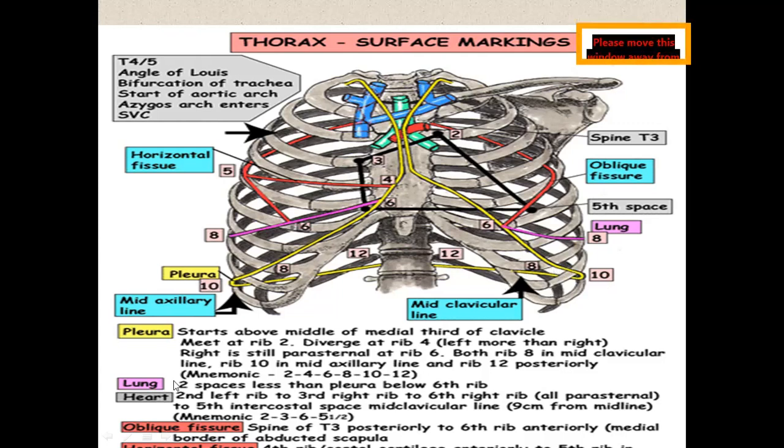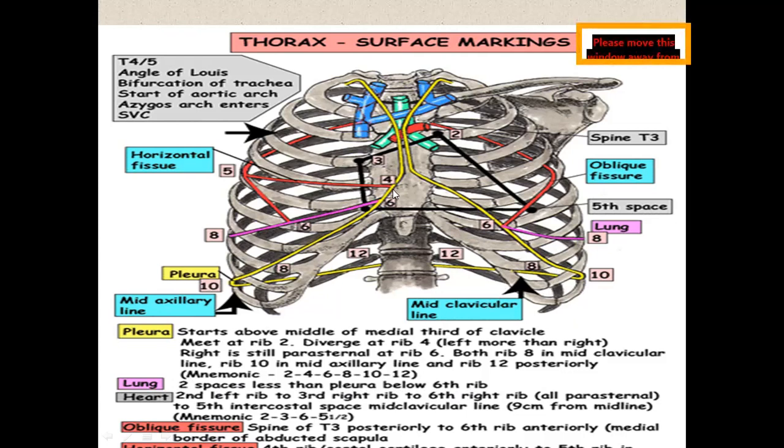Then if you see the outline of the lung, this violet colored line shows the lower border of the lung, which usually will be 2 spaces less than the pleura. That means if it is the 8th space for the pleura, it will be the 6th space for the lung. Two spaces less than the pleura, below the 6th rib, is the lower border of both the lungs.